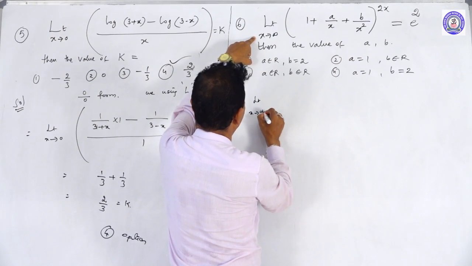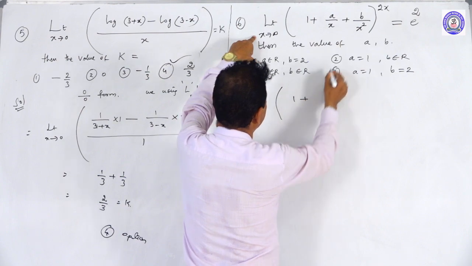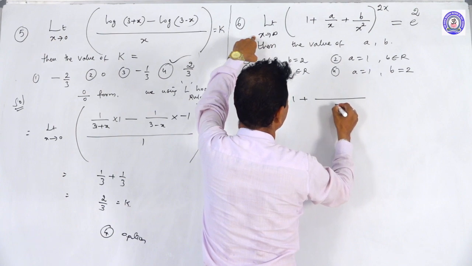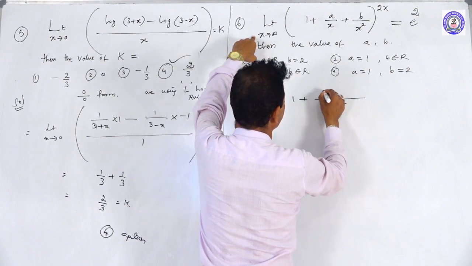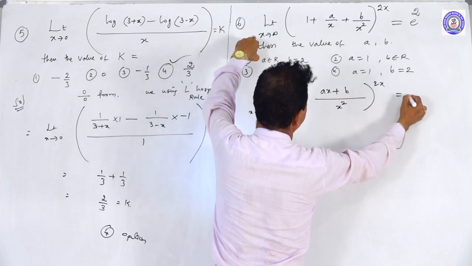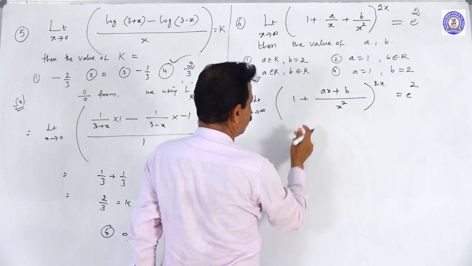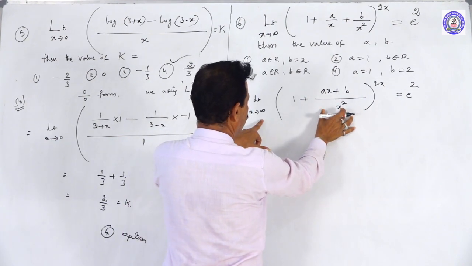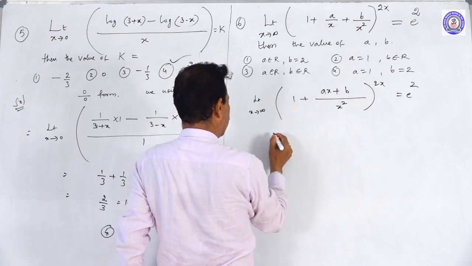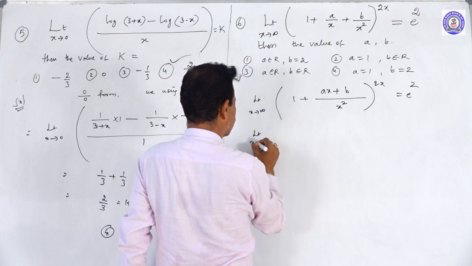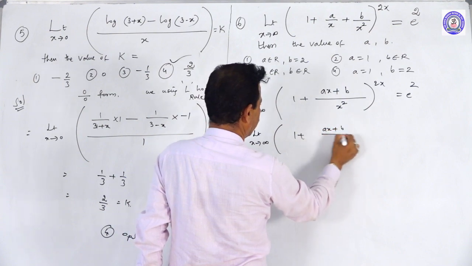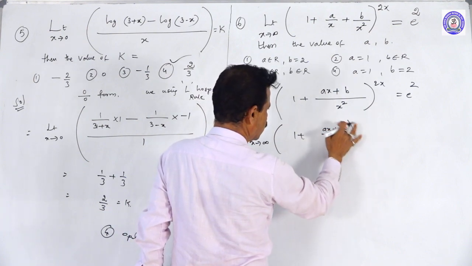Limit x tends to infinity, (1 plus ax plus b by x square) power 2x is equal to e square, given. Taking only x square as the LCM, this is written as limit x tends to infinity of 1 plus (ax plus b) by x square.